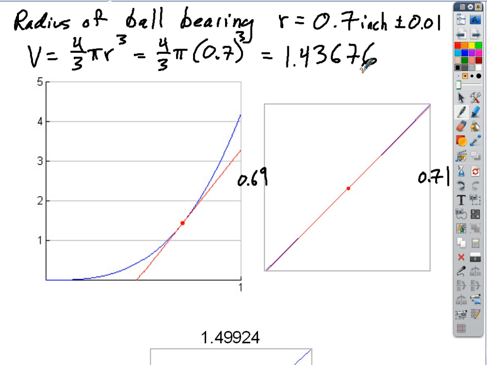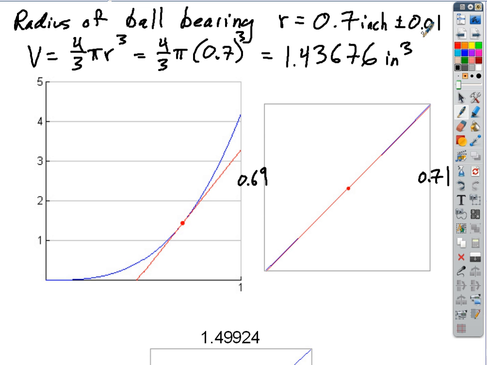But I get that many cubic inches. However, there's going to be a little bit of a deviation here. How could I calculate the upper limit, the biggest volume that it might possibly have, if I know accurately the amount of uncertainty in the measurement?